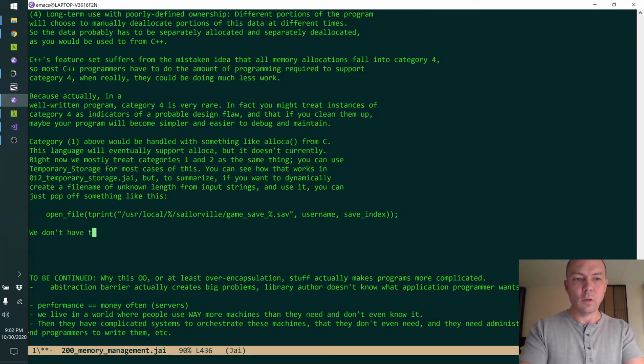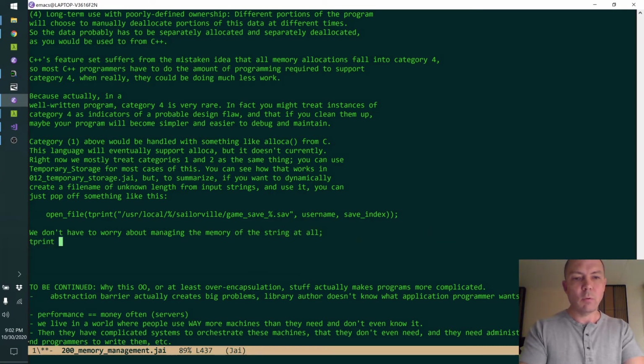We don't have to worry about the result of the string at all, about managing the memory of the string at all. Tprint creates a result in temporary storage, which will be automatically reclaimed later.